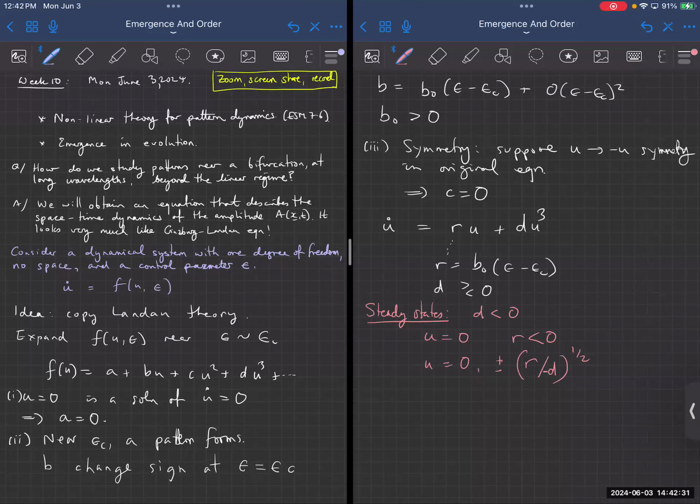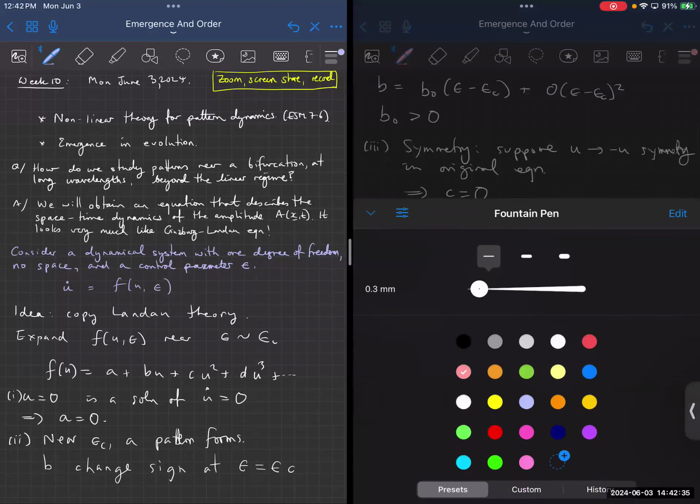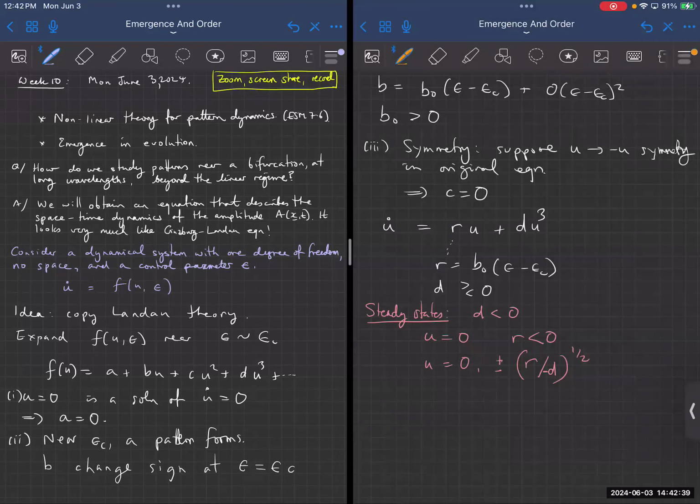And if I had the case where D is positive, then I would get U equal to 0 when R is less than 0, and U equal to plus or minus R over D to the 1/2 when D is positive. No, I don't agree. I got this wrong.